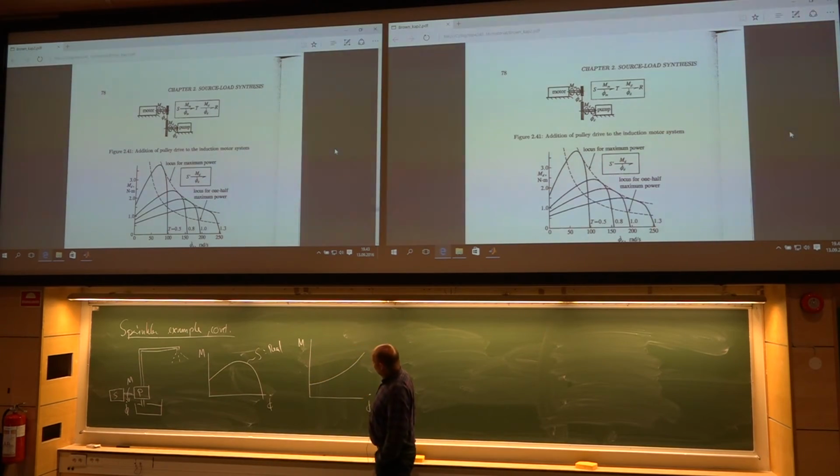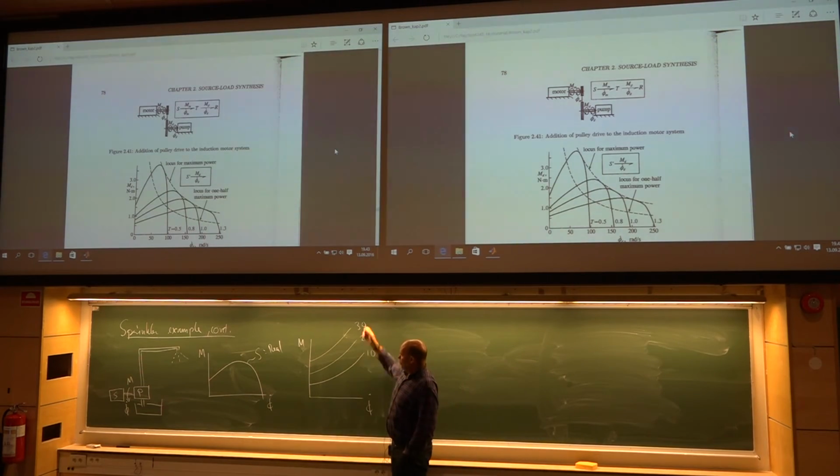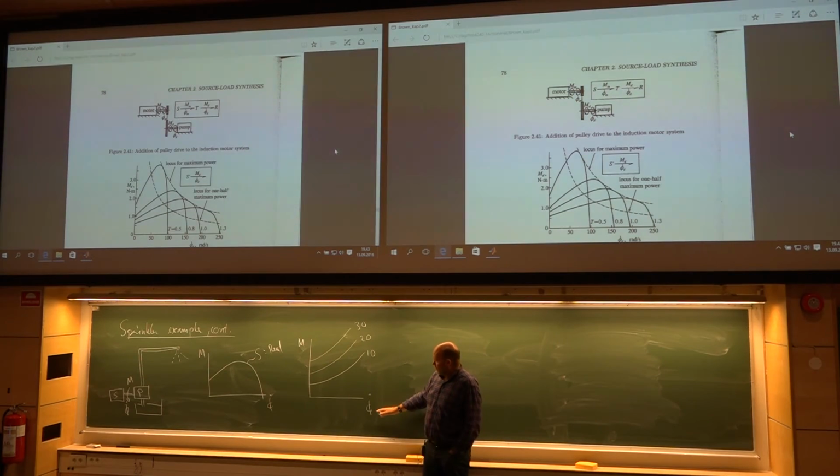So we had curves typically going something like this: 10th, 20th, and 30th floor. The load will be heavier the higher you want to lift the water, and also the resistance becomes heavier the faster the water is running, the rotational speed of the pump.